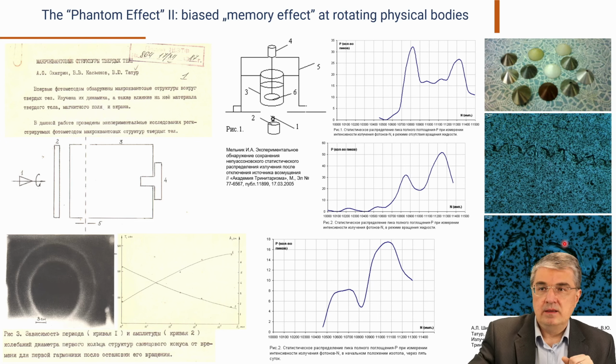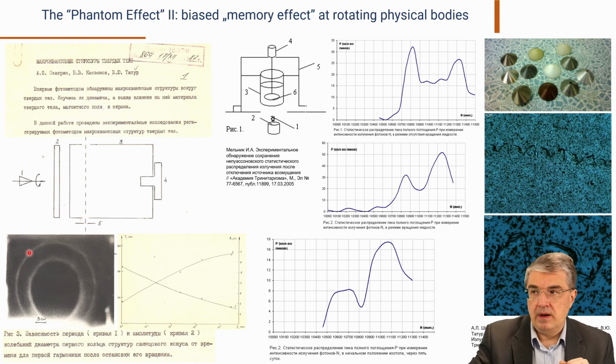And the second effect is the appearance of some visual effects that can be captured photographically. For instance, these images remained even after the rotating body was stopped. They remained for a while, and after this the effect disappeared. So we see here a clear correlation to the memory effect I mentioned before.